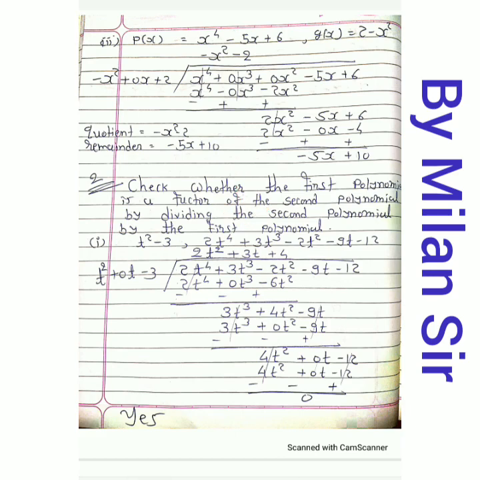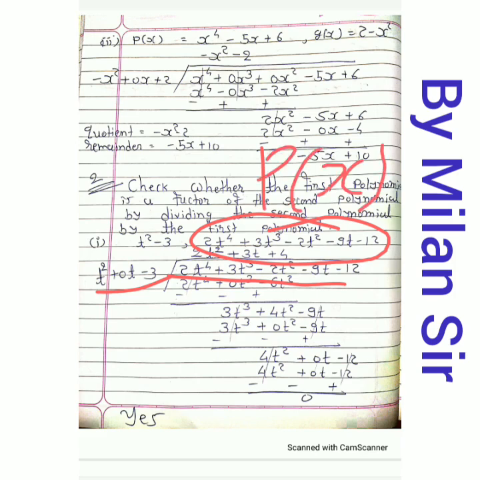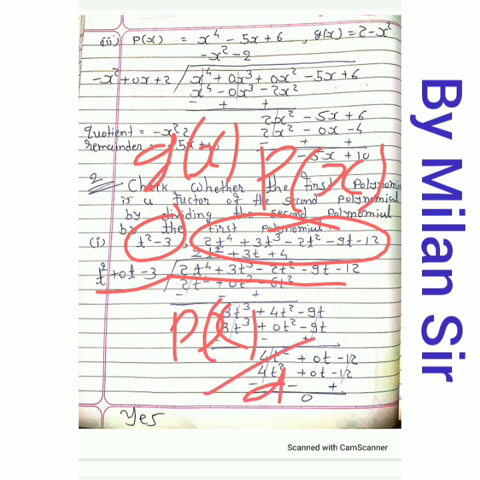Now divide the second polynomial by the first polynomial. So our second polynomial becomes p of x and the first polynomial becomes g of x, because in the question it is said to divide the second polynomial, that means p of x, by the first polynomial g of x, right?